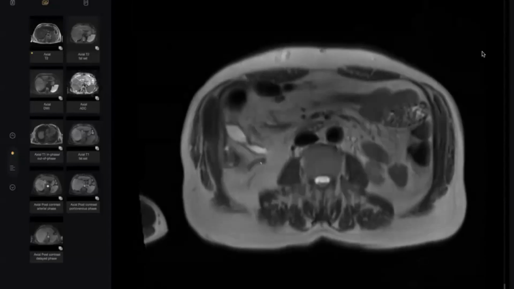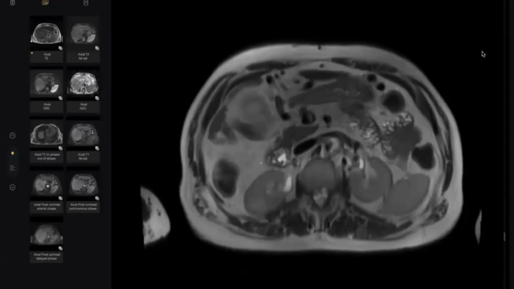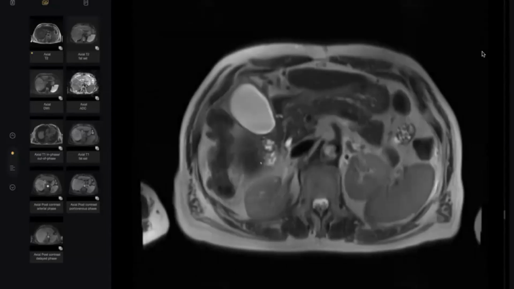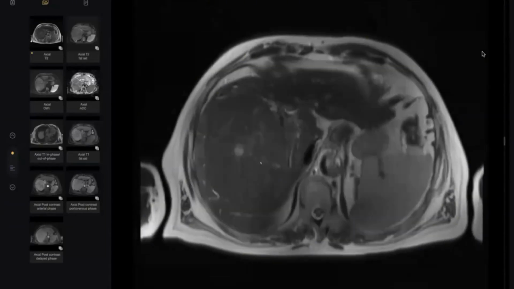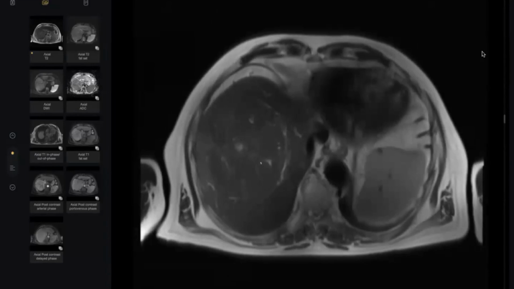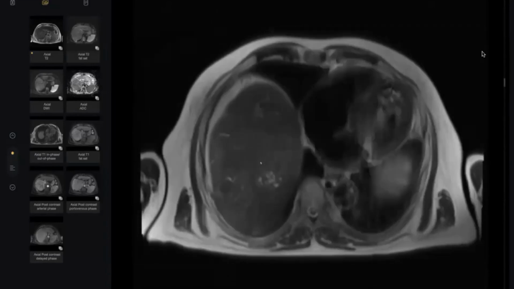Okay. So what I can see is that there are multiple focal lesions within the right hepatic lobe.